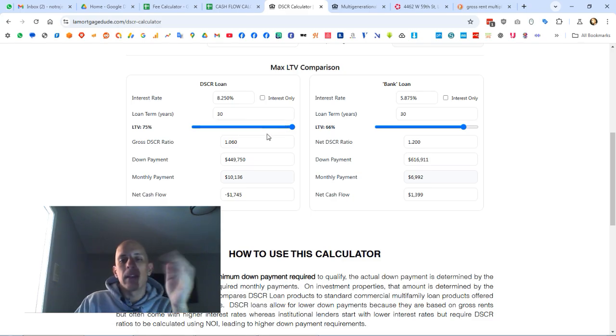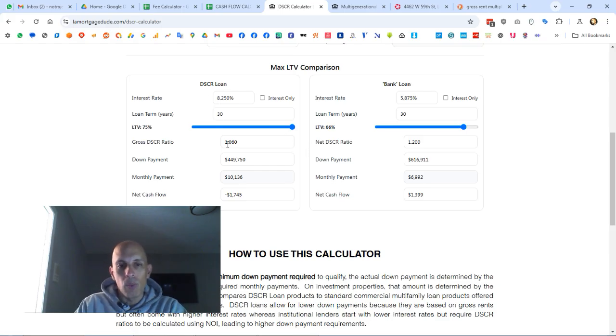So here's the question. How much cash do you have for the down payment? The less cash you have for the down payment, the higher your interest rate's going to be, because that determines your LTV. These are based on your maximum LTVs or minimum down payments in order to get financing.